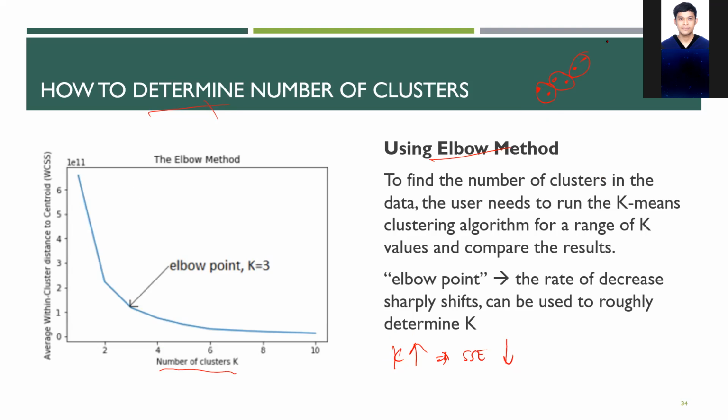We can still analyze and group this. But if the k number of clusters is increased, for example, we divide it into 4 or 5 clusters, so maybe this is 1, 2, 3, 4, 5, you can see that this cluster is standalone.